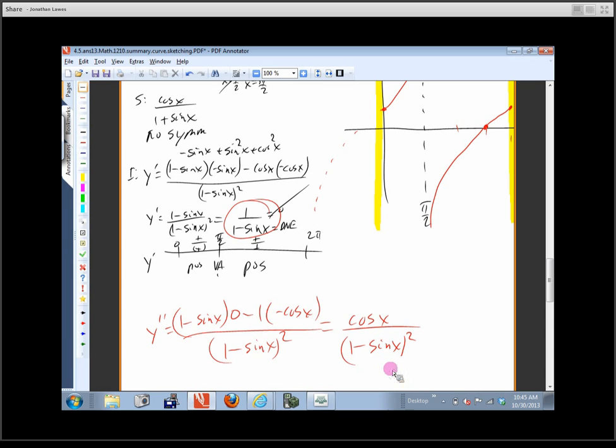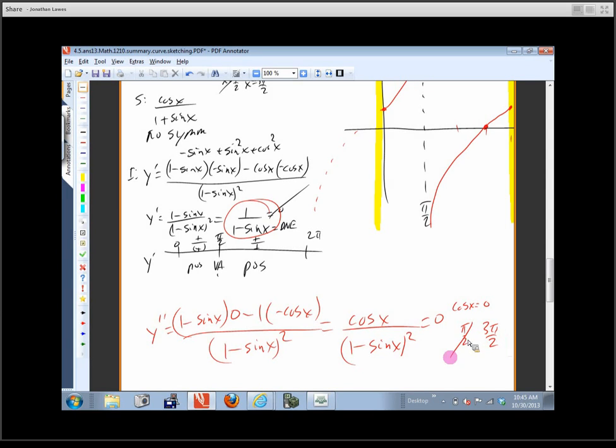When does this not exist? Pi halves. Okay. When does this equal 0? Yep. When cosine is equal to 0, and we already talked about this, that would equal 0 at pi halves and 3 pi halves.